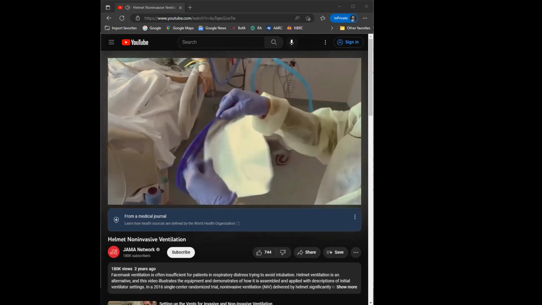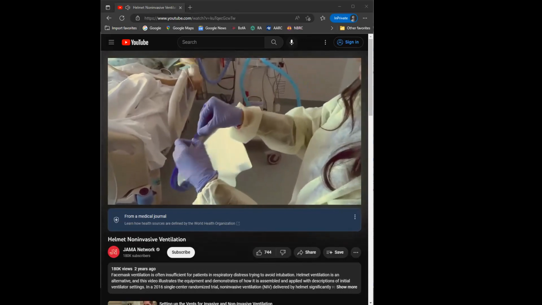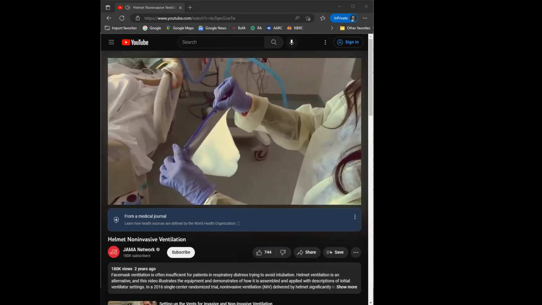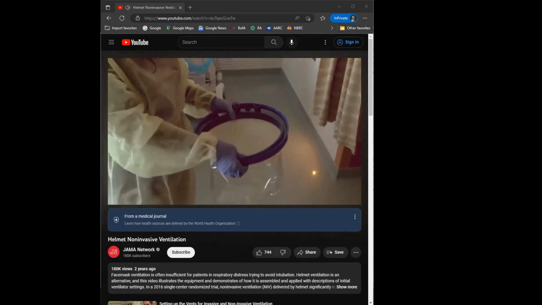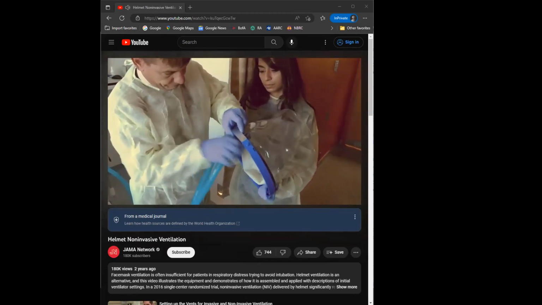Attach the rubber collar to the plastic inner ring of the helmet. Now attach the inner ring to the helmet's transparent hood and ensure a tight seal. Attach the ventilator's inspiratory and expiratory tubing to the port sites on the helmet.